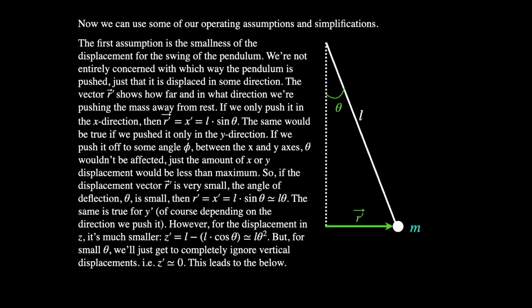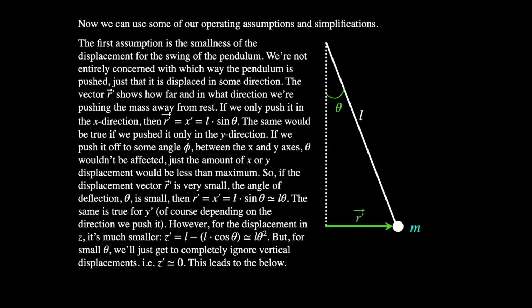Remember, we're measuring theta in radians, not degrees, so that's why we can use sine theta and just make it theta there. It doesn't work if you're doing it in degrees. The same would be true for y, and therefore the order of magnitude of the displacement in x is like L theta, and the same is for y.